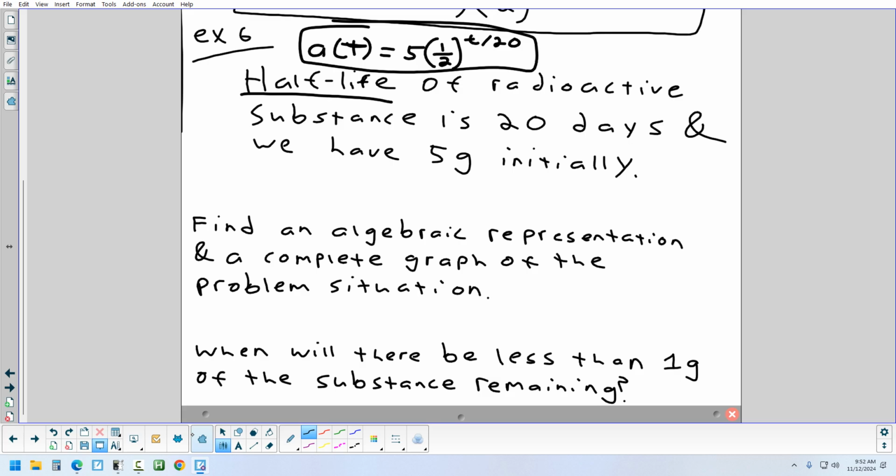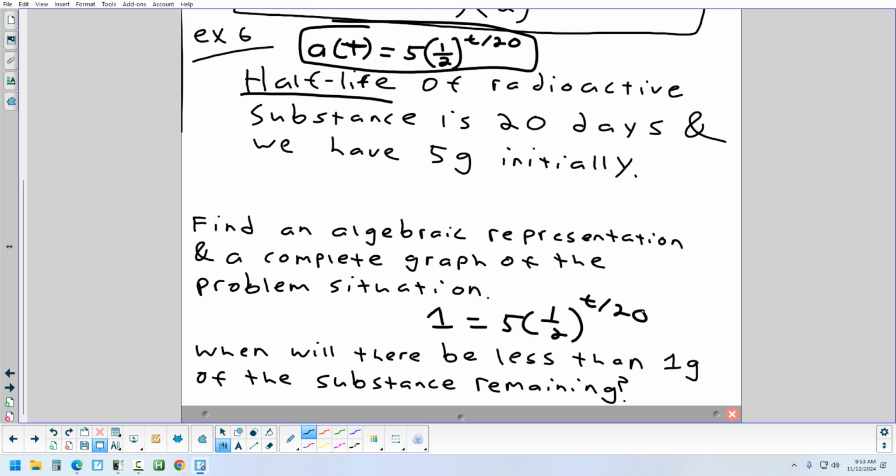And they want to know when there would be less than 1 gram remaining. Where would the 1 get plugged in? t or A of t? Is it a time or is it an amount? Yeah, A of t. It's an amount. Yep. So one way to do this is they want to know when there's less than 1 gram.